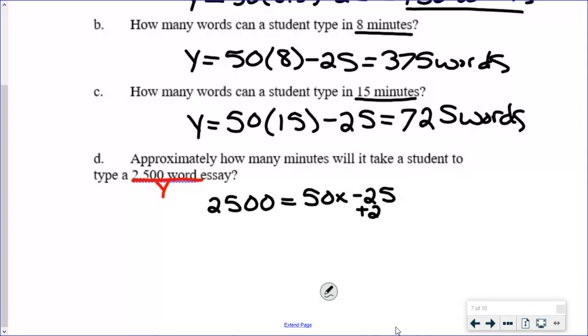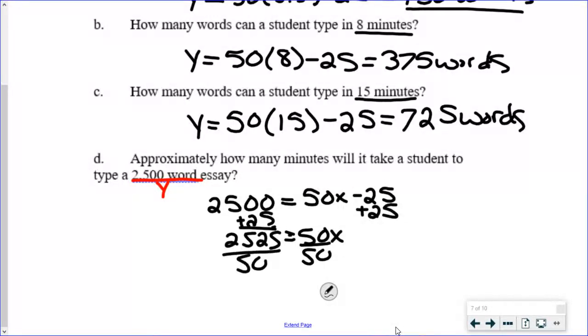I'm going to start by adding 25. So 2,525 equals 50x, not 2,500. I forgot to add. See, even I make mistakes. Then I'm going to divide by 50. So 2,525 divided by 50, and I get 50.5 equals x.